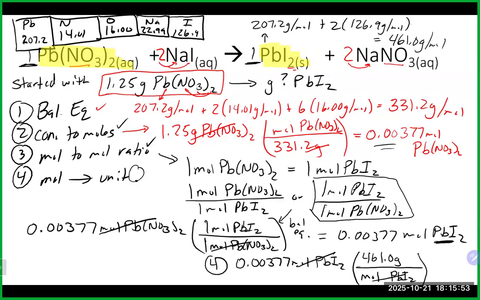And we will be left with, and I'm going to multiply by the entire number, not the rounded number there, the 0.00377. And that's going to give us about 1.74 grams of PbI2 would be produced in this case.